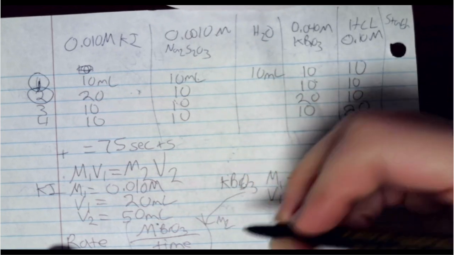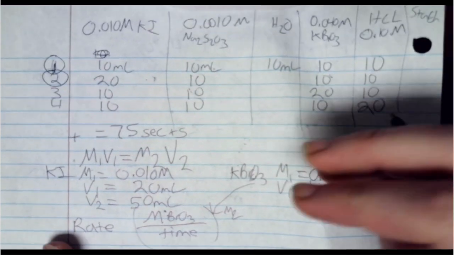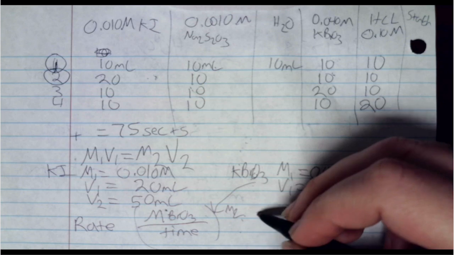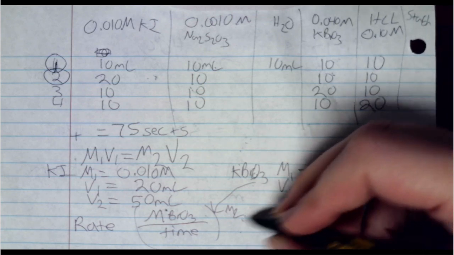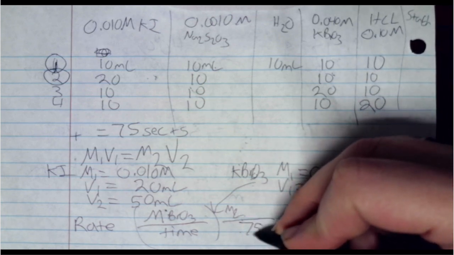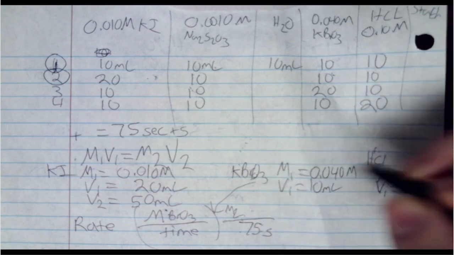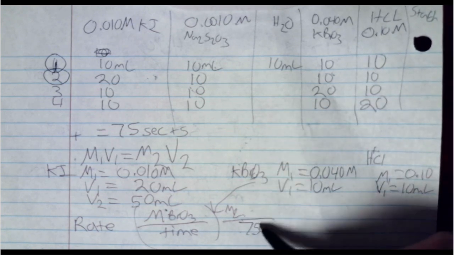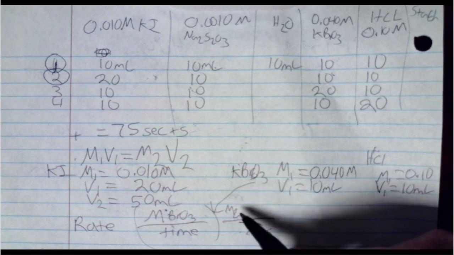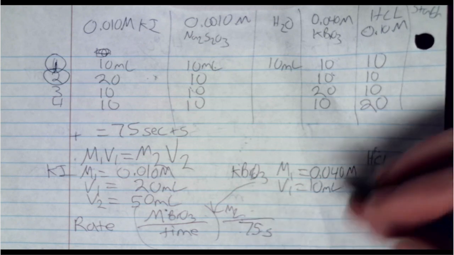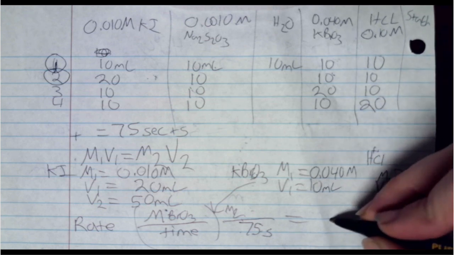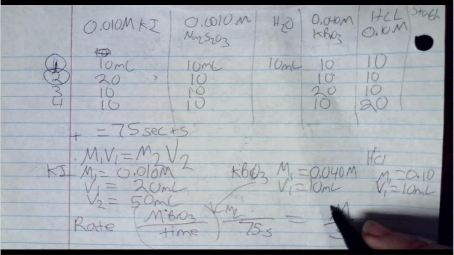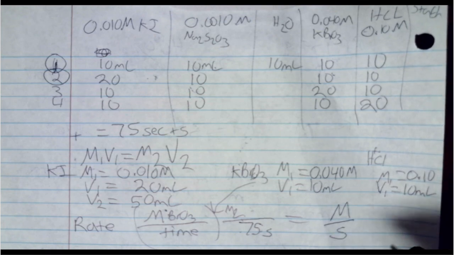The time it took, they told us at the very beginning of question 1, was 75 seconds. So how long did it take the new concentration of bromate to go? That's going to be whatever that concentration is divided by 75, and that's going to give us units of M over s, molarity per second.